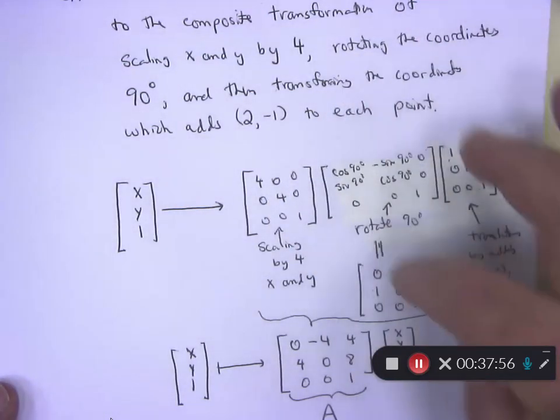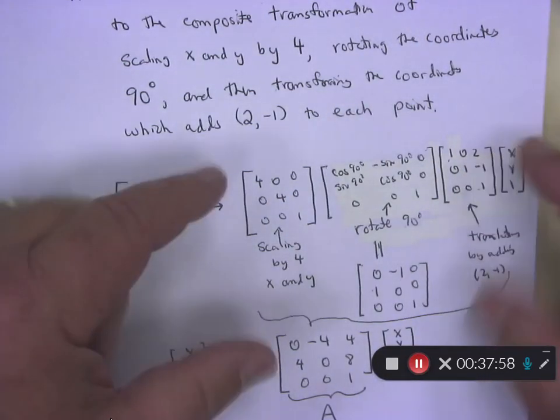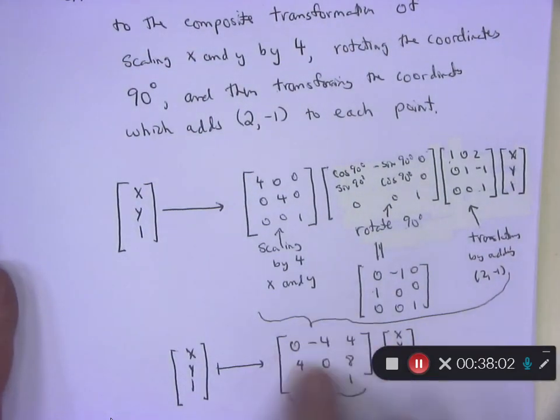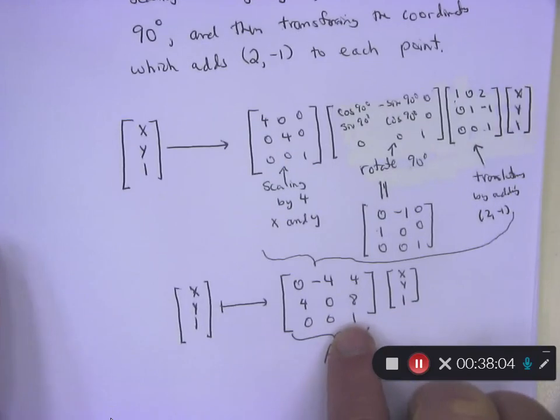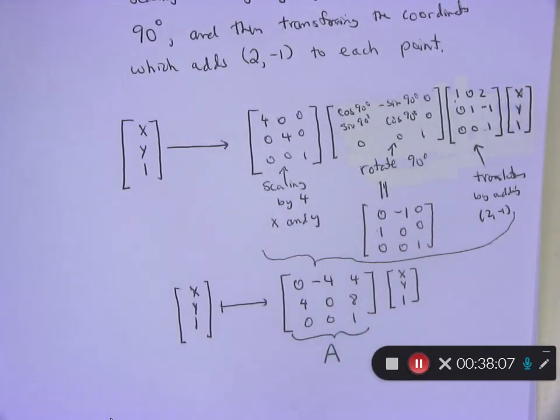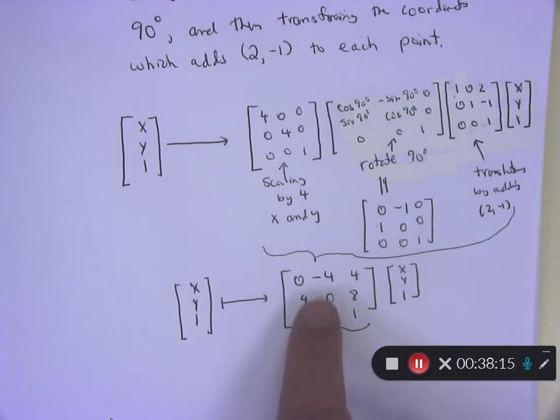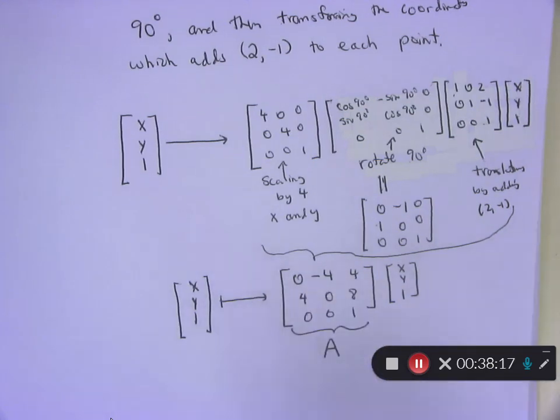So you multiply this matrix times this matrix times this matrix, and I did that for you guys, leaving the X, Y, 1 down here at the side, and it created this one big transformation. You can do the composite of 3 different transformations and create one big matrix, which is one big transformation that does all 3 of these things that you want, and you end up getting this matrix here. So you have to take my word for it, but I've multiplied this for you.